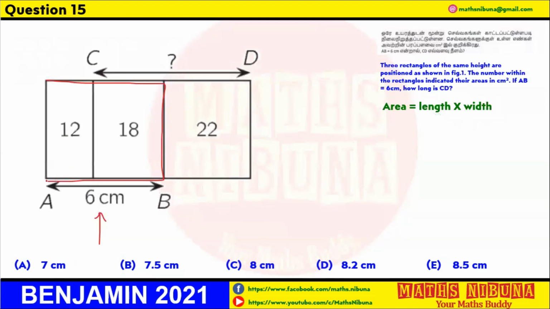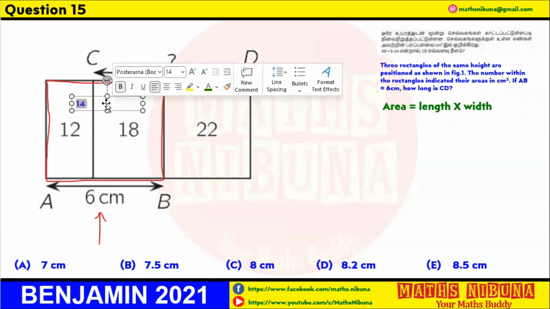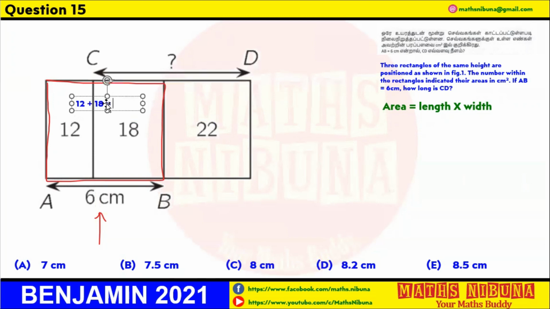This area is 12 plus 18, which equals 30. The total area of these two rectangles combined together is 30.